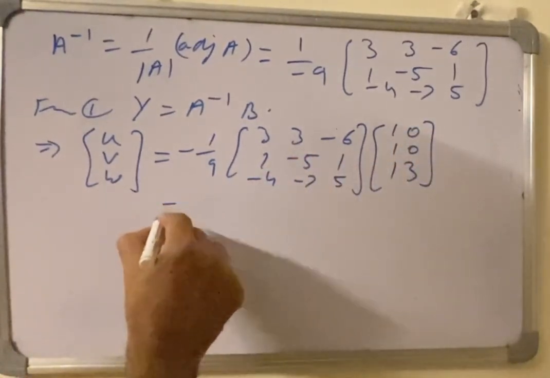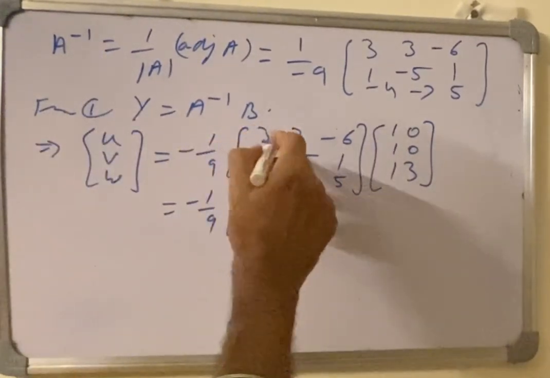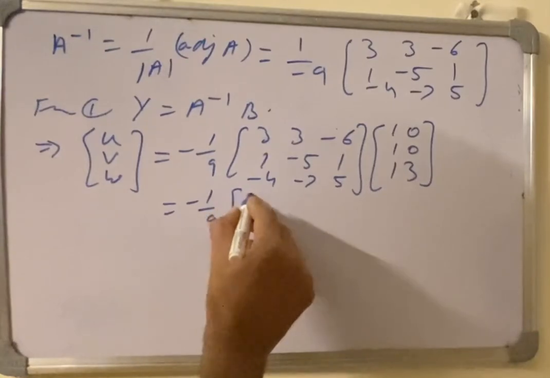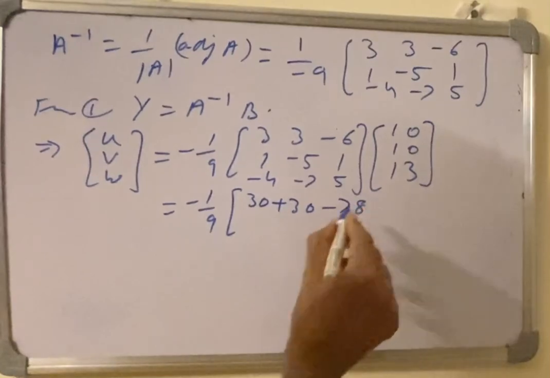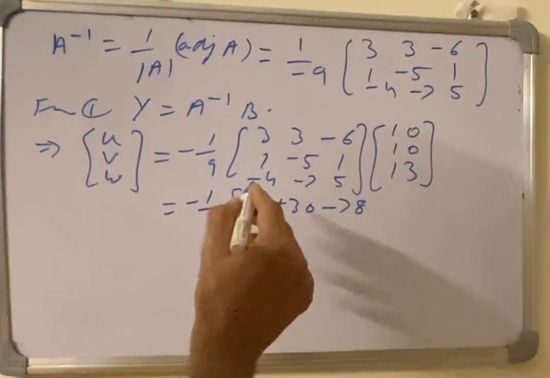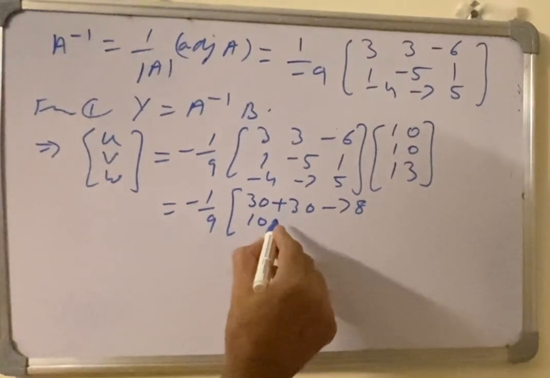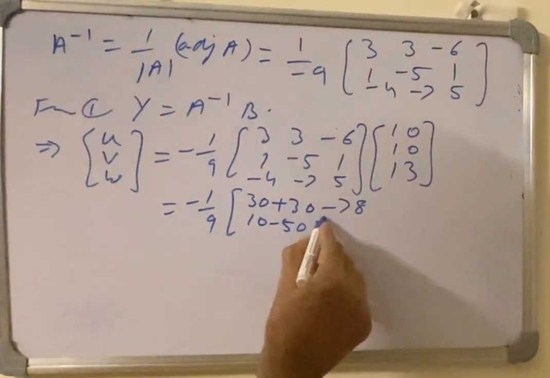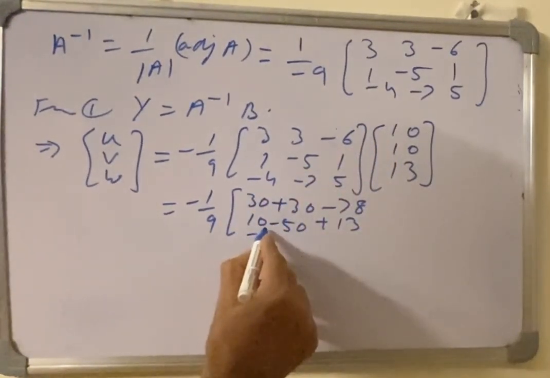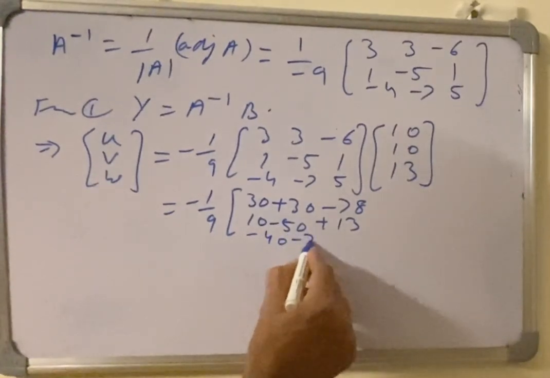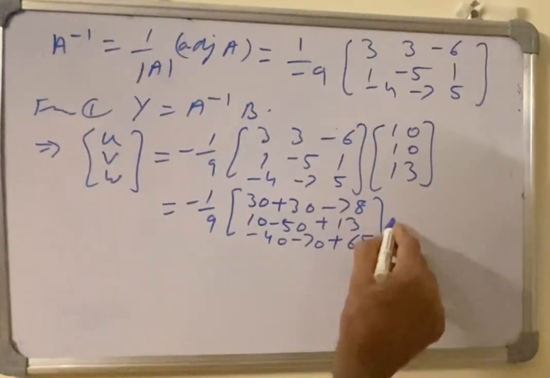So we multiply: first row with this column, 30 plus 30 minus 78. Then second row with this, 10 minus 50 plus 13. Then third row with this, minus 40 minus 70 plus 65.